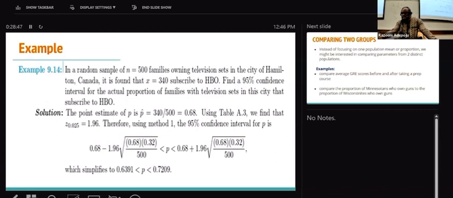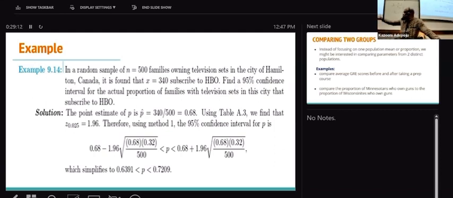Now find a 90% confidence interval for the actual proportion of families with television sets in this city that subscribe to HBO. If I want to get a point estimate, what am I just going to do? That's going to be the ratio of the number of those who possess the characteristic of interest divided by the sample size.